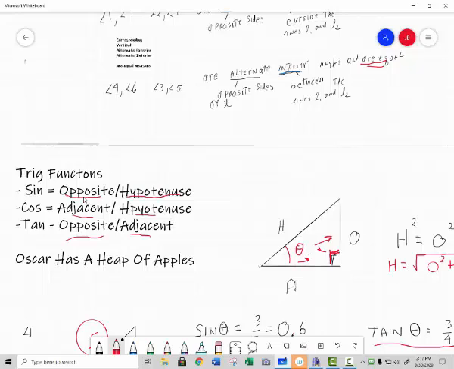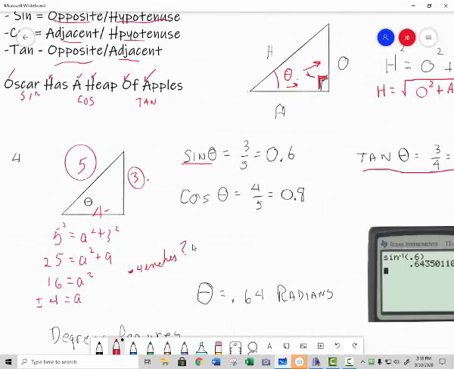Cosine is adjacent over hypotenuse, and opposite over adjacent is a tangent. Now, what I was taught is sine, cosine, and tangent. That's the way it shows up on your calculator. Opposite over hypotenuse, adjacent over hypotenuse, opposite over adjacent.